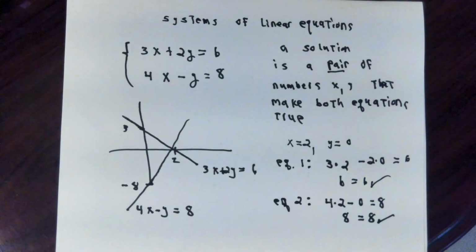So x equal 2, y equals 0 is going to obey that first equation, but we haven't checked the second one yet. If x is 2 and y is 0, 4x minus y is going to be 4 times 2 minus 0, 8. And to make the second equation true, I'm supposed to get 8, which I do.